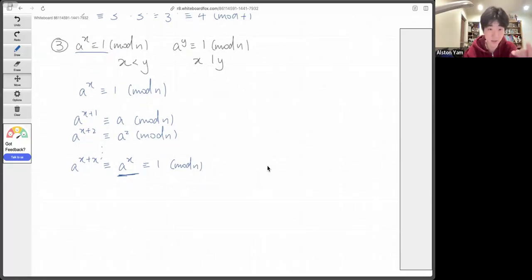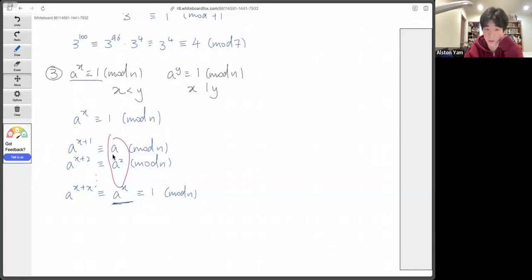So the left-hand side is a to the 2x, the right-hand side is 1. Any number in this bit that I circled here, let me just recircle, will actually not be congruent to 1 mod n, right? That was the typo I made before.